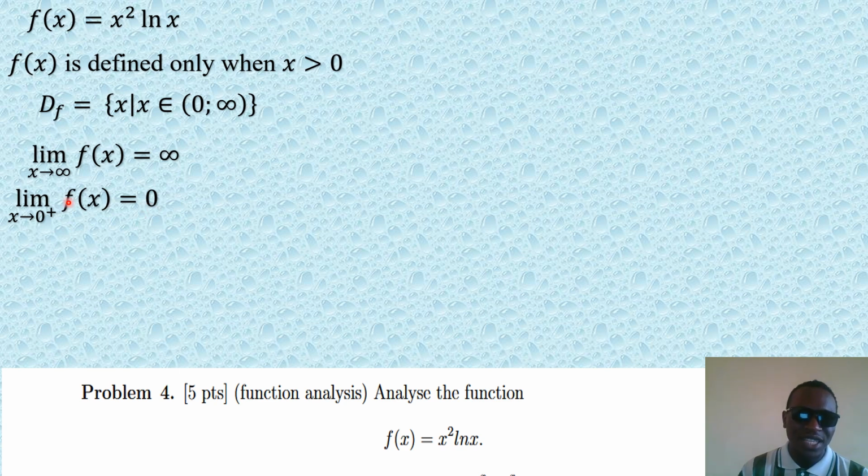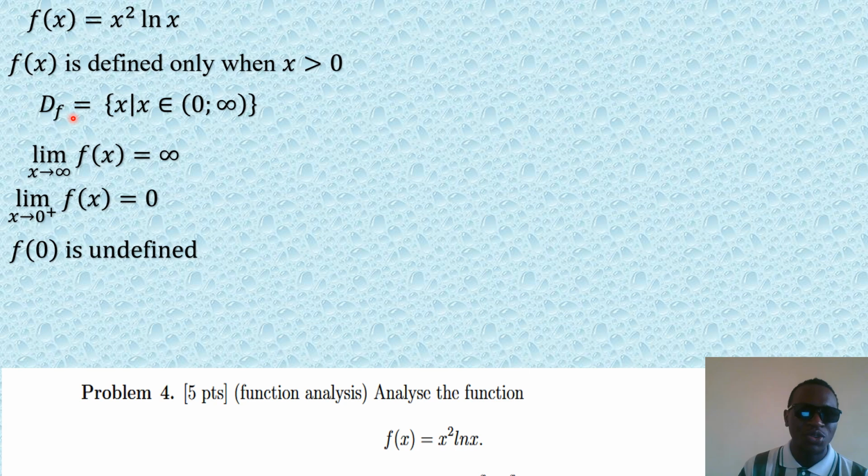As x tends to 0 from the right, this guy goes to negative infinity, but that growth is counteracted by what? This x squared, which pulls the value back to 0. Slightly negative, but almost 0. That's why we say the limit as x tends to 0 from the right of f of x is approaching 0. It is not exactly 0, it is approaching 0. Okay, hope you understand that.